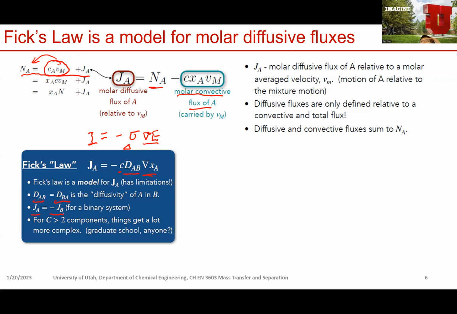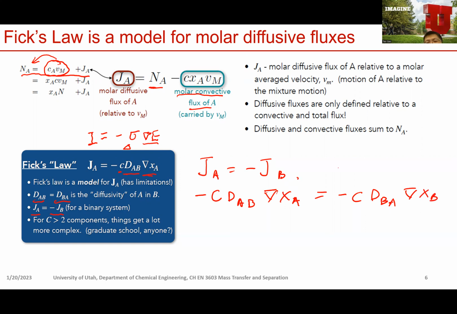Yes. So conceptually, you can treat it that way, but we can prove this mathematically. If you start from JA equals minus JB, right? If you write down the equation for both of them, you have minus, say, DAB grad XA equals minus, say, DBA grad XB, right?